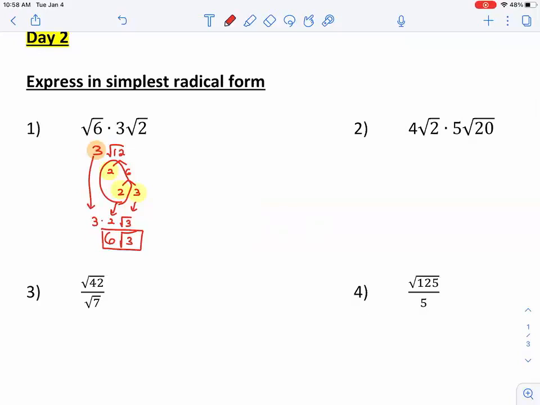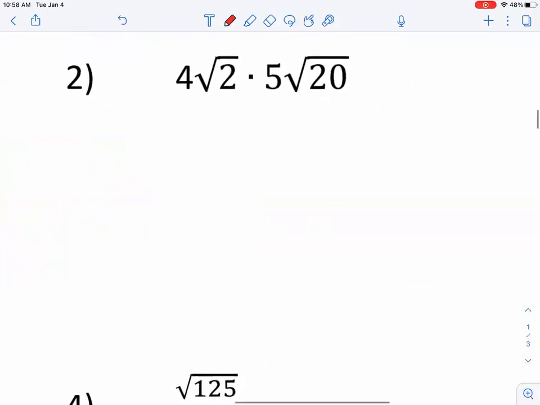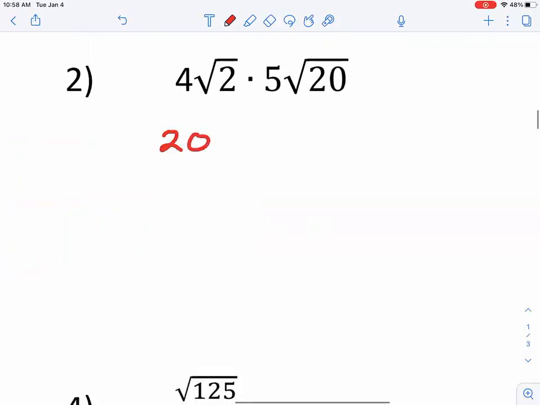So in problem number 2, I can do something similar. Multiply anything on the outside. So 4 times 5 is 20. And anything on the inside, 2 times 20 would be 40.